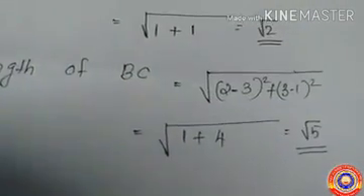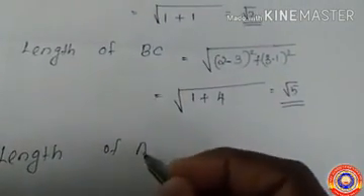Next we have to find the length of AC. Here the coordinates of A and C are 1, 2 and 3, 1.